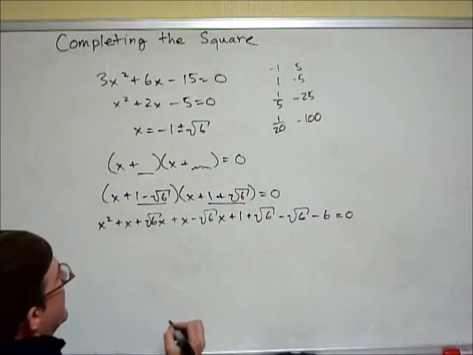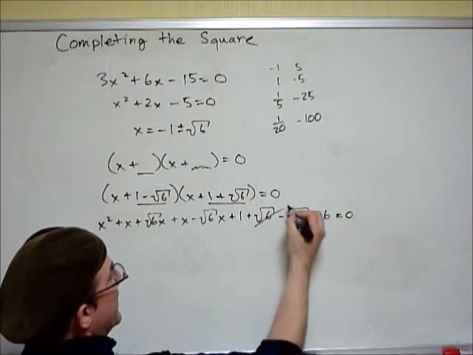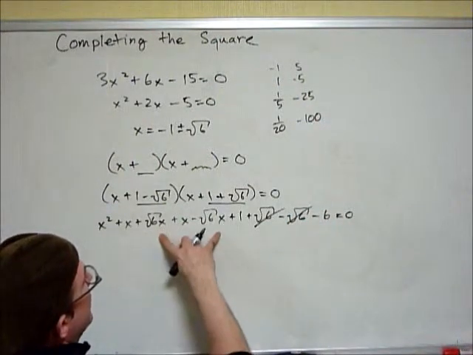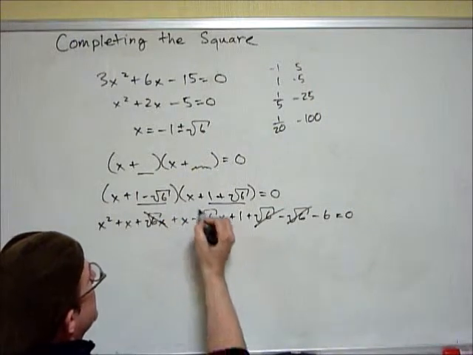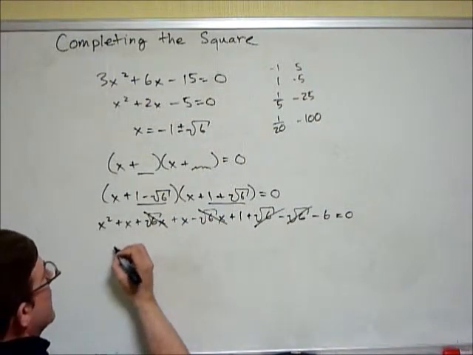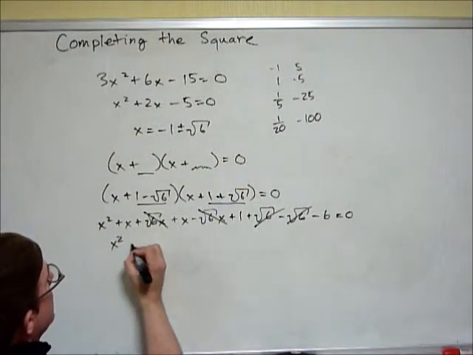But let's simplify. It's pretty easy because here's a positive square root of 6, negative square root of 6. That cancels. What else we got? We have positive square root of 6 x and negative square root of 6 x, so that cancels. And what do we have left? We have x squared plus 2x.